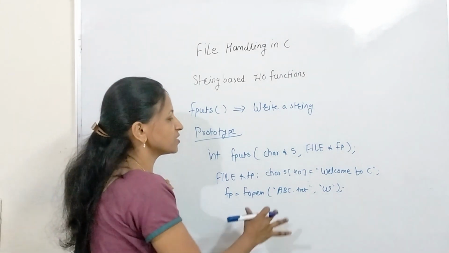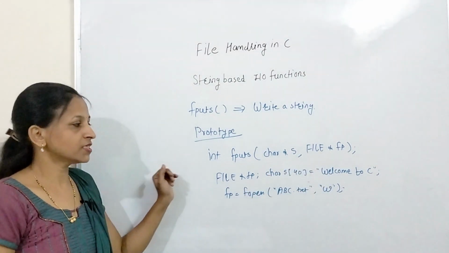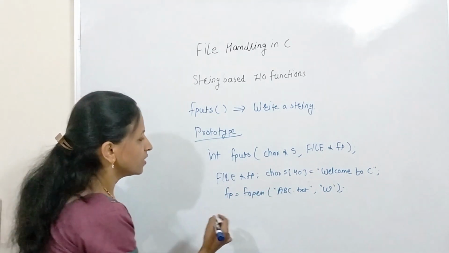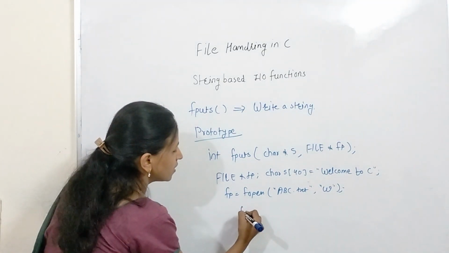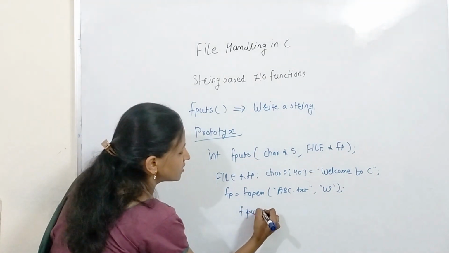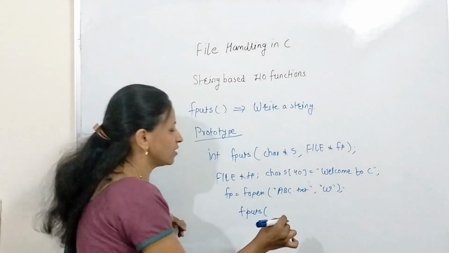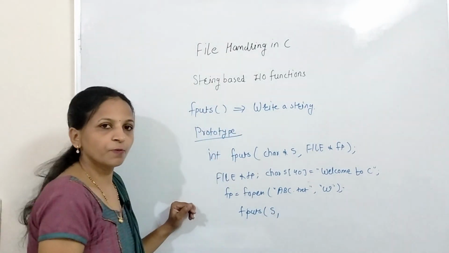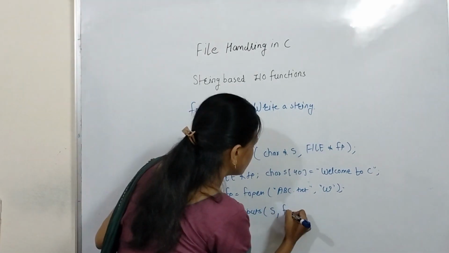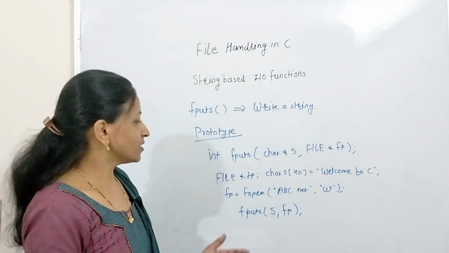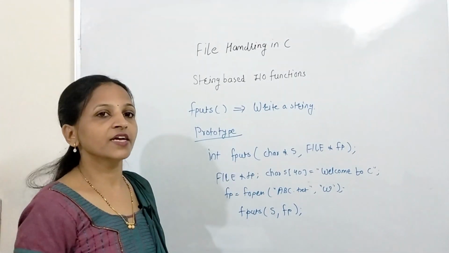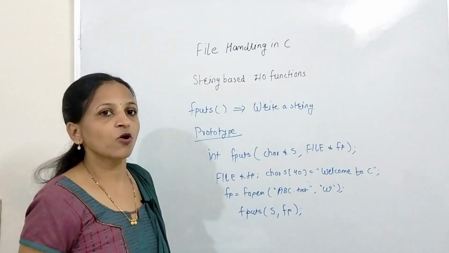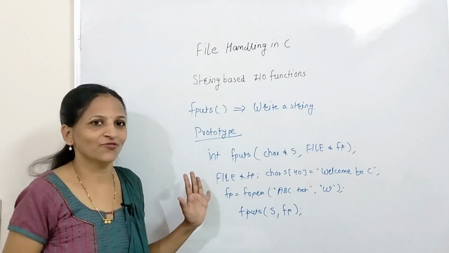And after accepting that string, or if you have initialized that character array, you can write this string to the file in this way, fputs, which means write string to the file. Here fputs takes whatever string variable you pass first, and second the file in which you want to write that string, and this function will return a non-negative value on successful execution. If any problem occurs, then it will of course return a negative value.